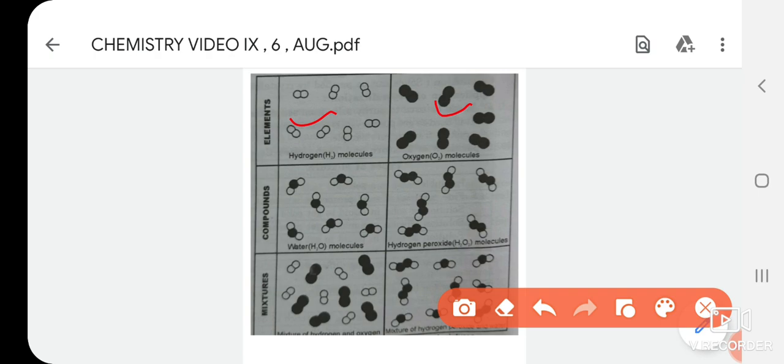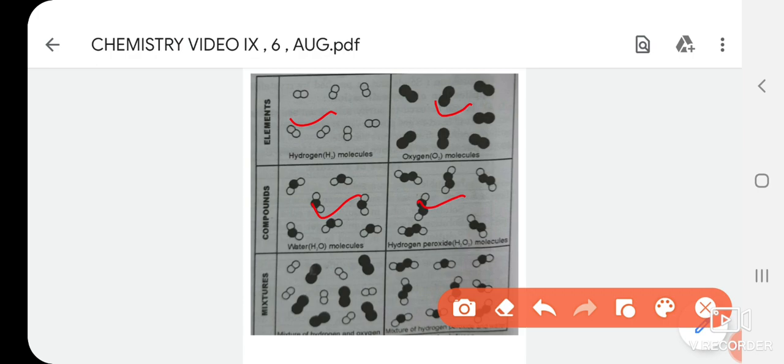Then what are the compounds? Now see, in water H2O there are two elements. Which two elements? Hydrogen and oxygen, right? And in hydrogen peroxide, again we have two elements but in different proportion. Hydrogen 2, oxygen 2, H2O2. So this is again an example of a compound but with a different composition of elements.